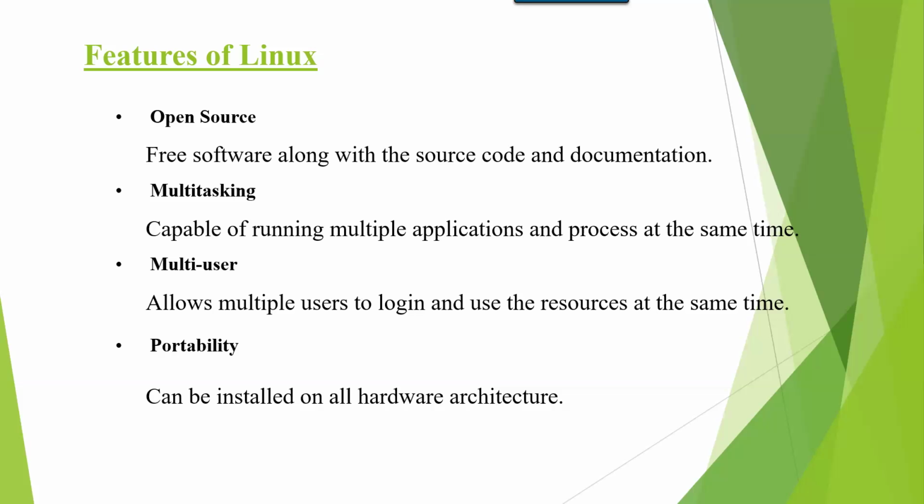Some operating systems require specific hardware architecture, but Linux doesn't. Even Windows doesn't require any specific hardware environment. So a feature of Linux is that it can be installed on all hardware architectures.